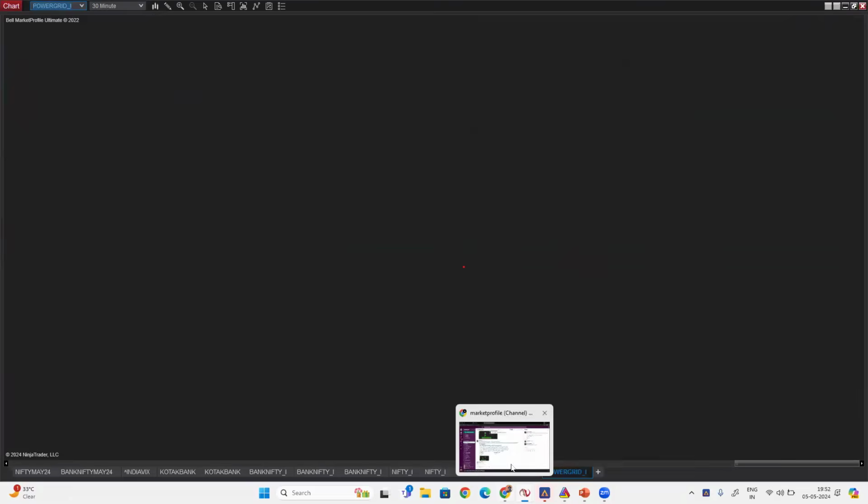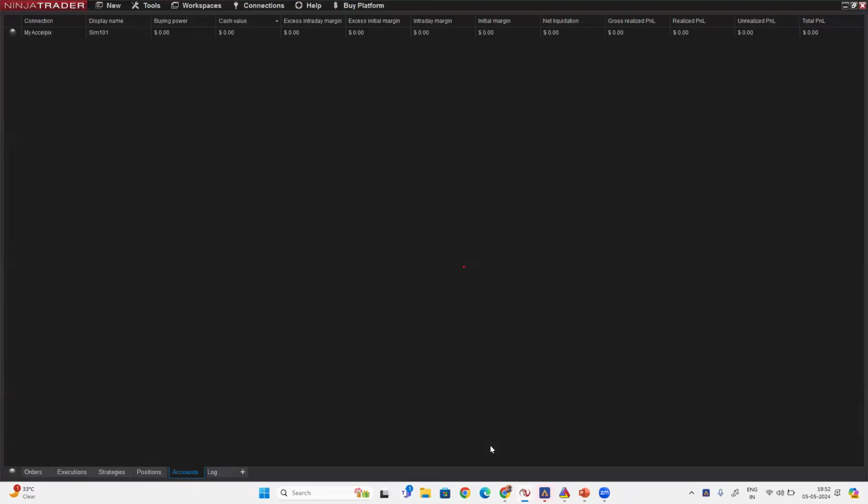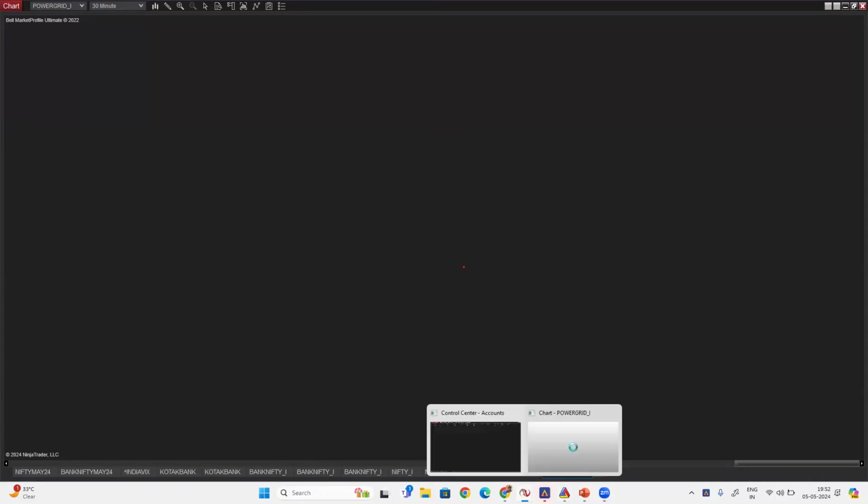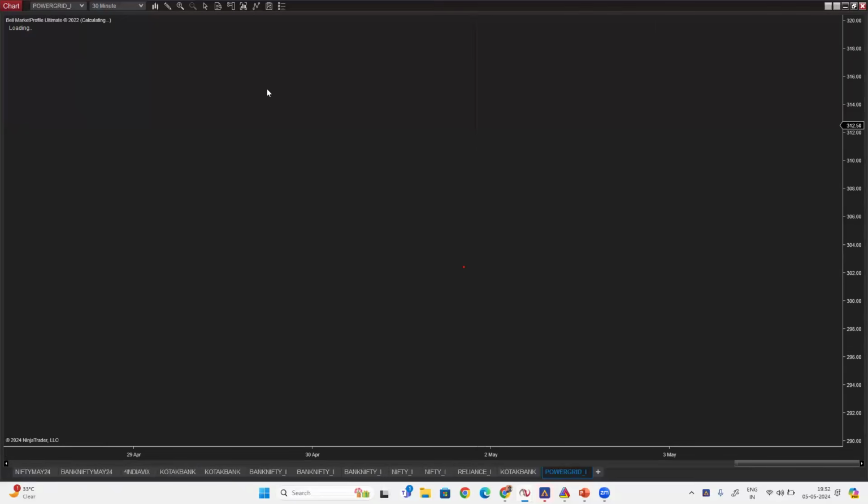Temporarily, I had disconnected the data feed because there are a lot of fluctuations, connecting, disconnecting. Usually the data vendors will be going for maintenance, so I had disconnected the feed here. Let's see if it works. It works. Well, still trying to load here. It says loading. Let's see.